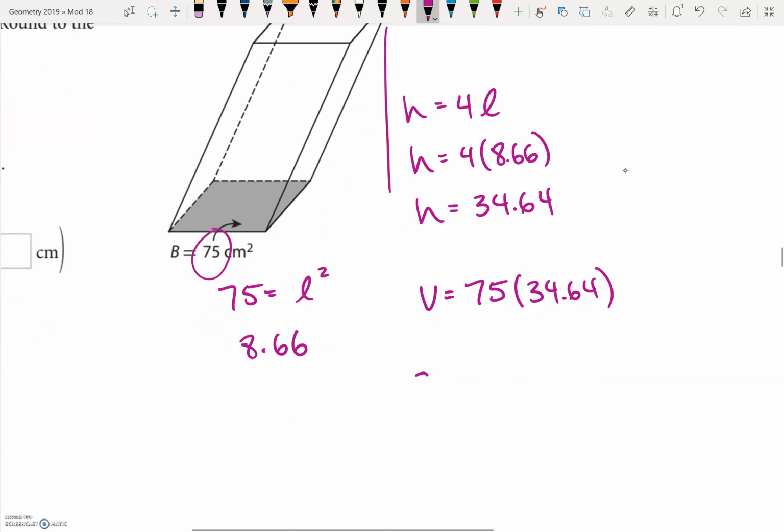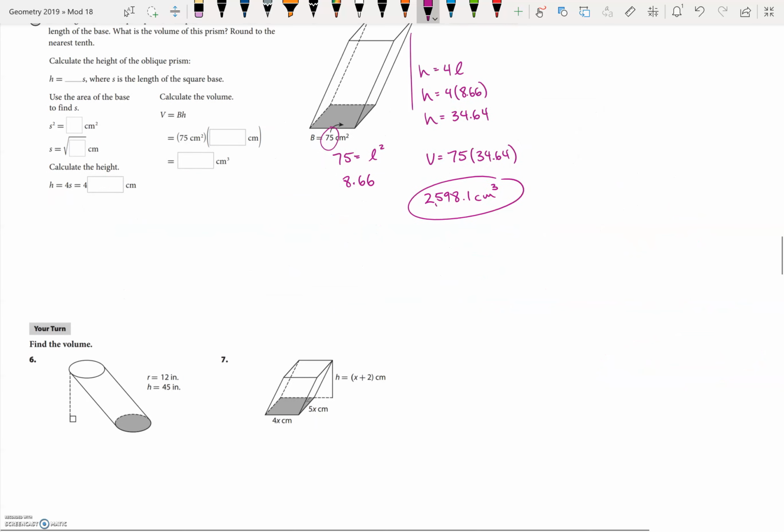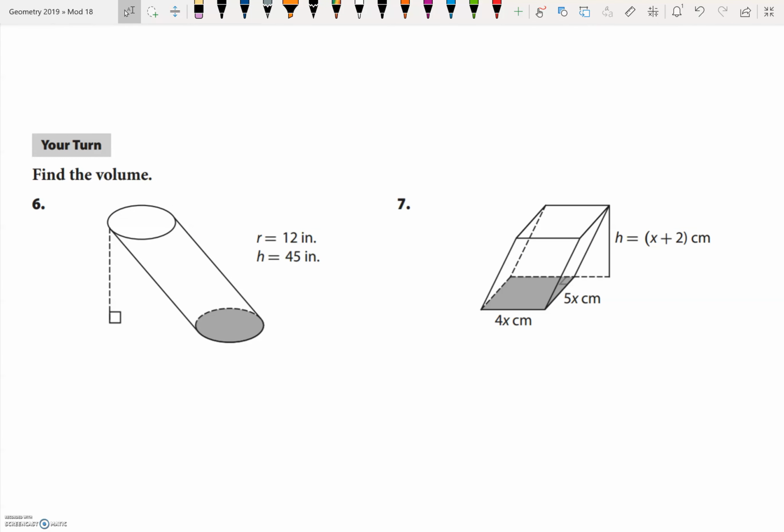Which gives us 2,598 centimeters cubed. Oh, what was it, nearest tenth? So actually, since it's 0.07, I have centimeters, 0.1 cubed. All right. Why don't you go ahead and pause it, do both of these, and then I'll do them as soon as you unpause it.